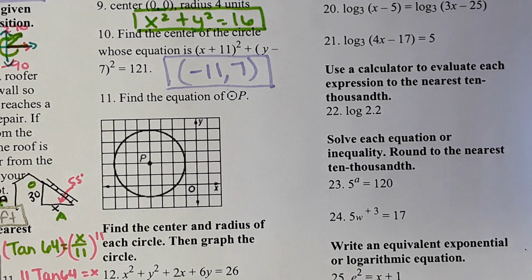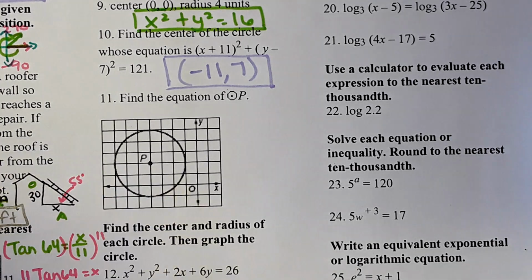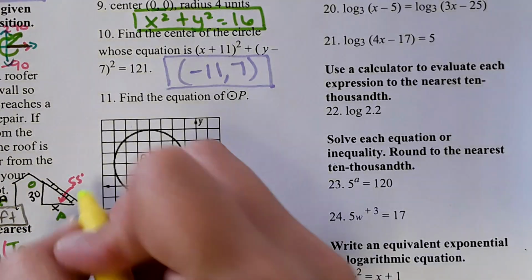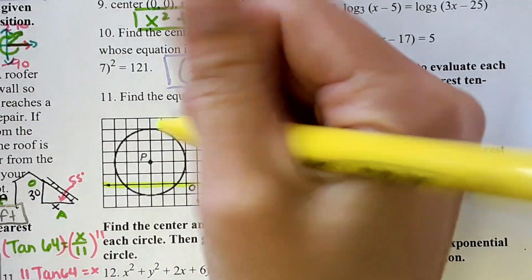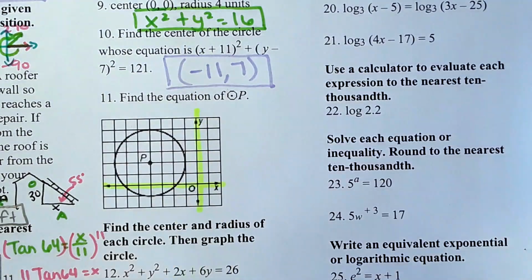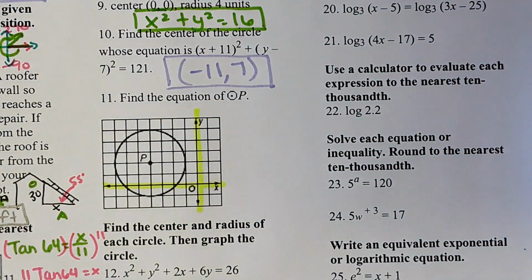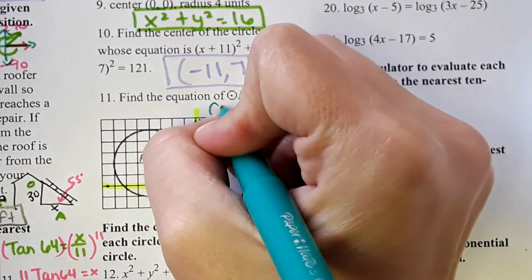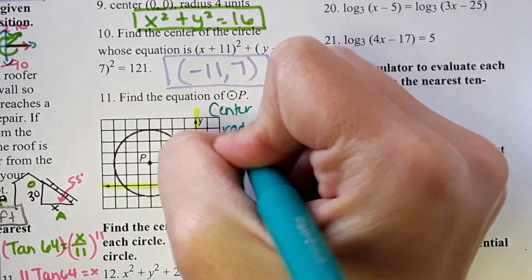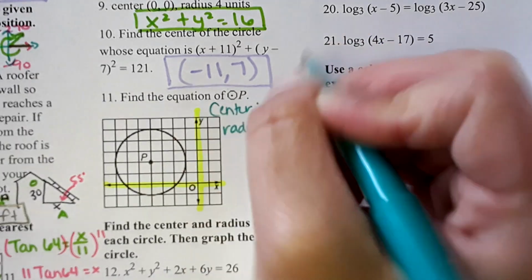Okay, number 11, it says find the equation of circle P. I think one of the hardest parts of this problem, they should have bolded this line so that it stands out more. So this is the x-axis, this is the y-axis, and if you can find that, the rest should be easy. So we're going to find the center and the radius, and then from there we can write the equation.